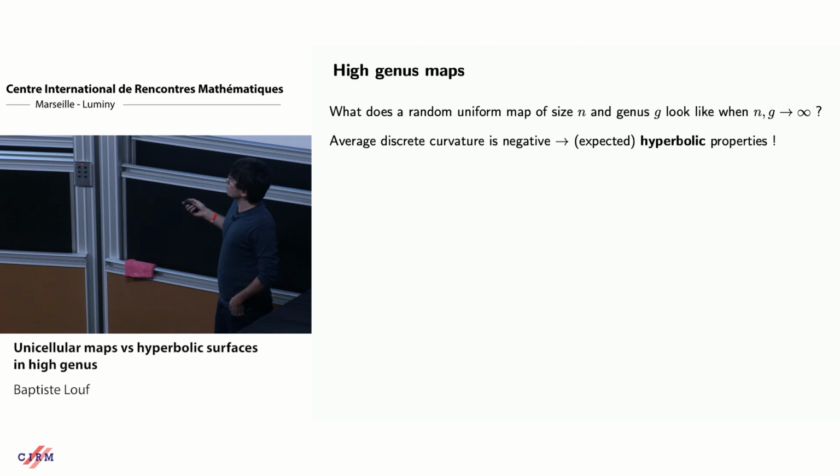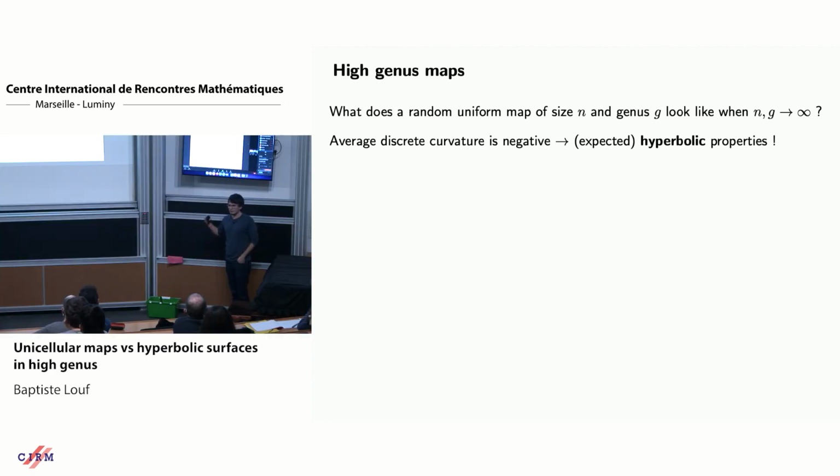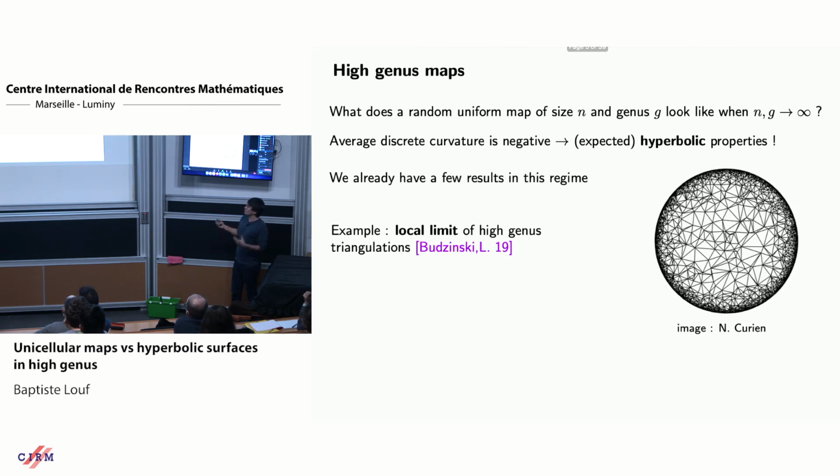And in the high genus regime, the average curvature is negative. So if you have average negative curvature, you can expect some hyperbolic properties. And so that's for high genus maps, and we already have a few results in this regime.